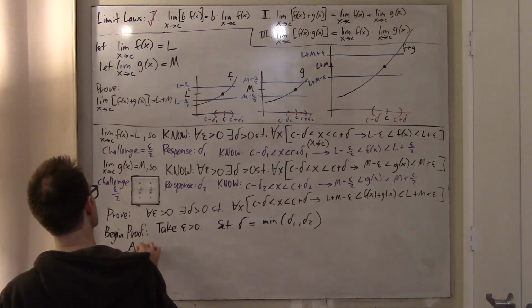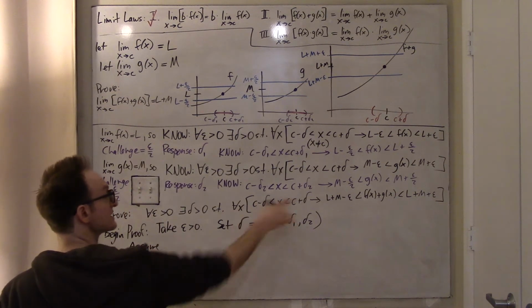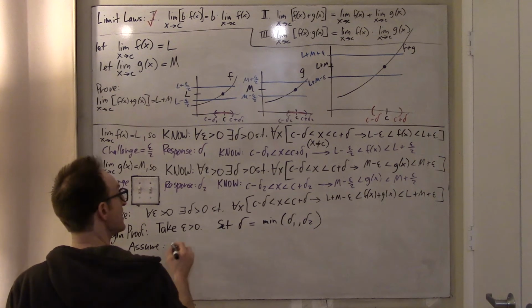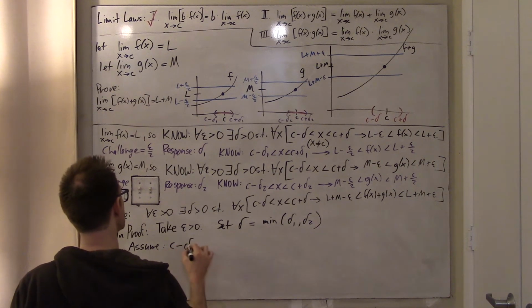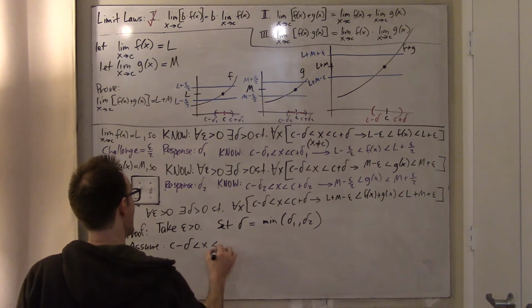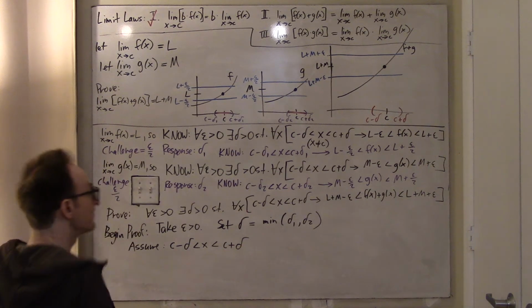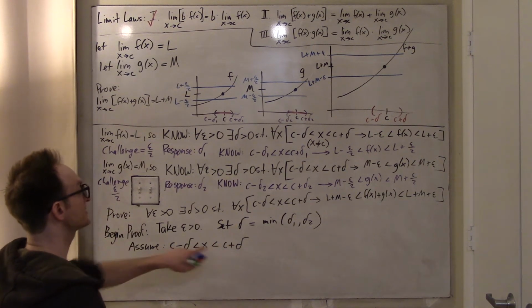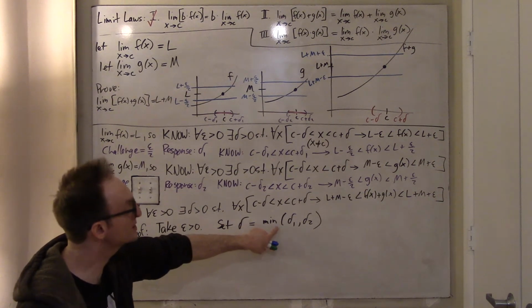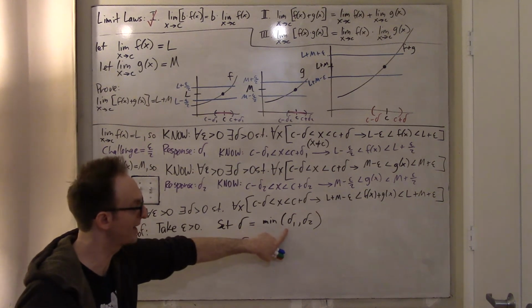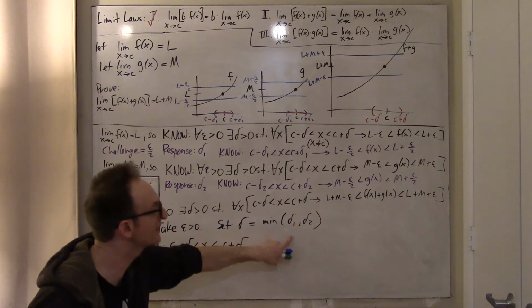So now let's assume that x is between c minus delta and c plus delta. Well, what is delta after all? Delta is whichever one of these two is smaller. Delta is the minimum of delta 1 and delta 2.